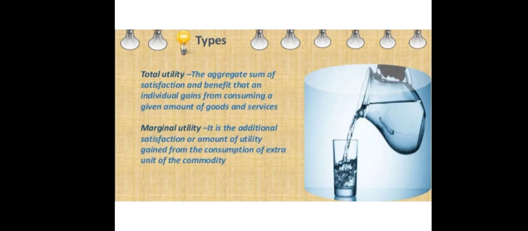The extra utility I got from consuming the extra unit of the good goes on diminishing, and that is what diminishing marginal utility means. That is what the law of diminishing marginal utility states.